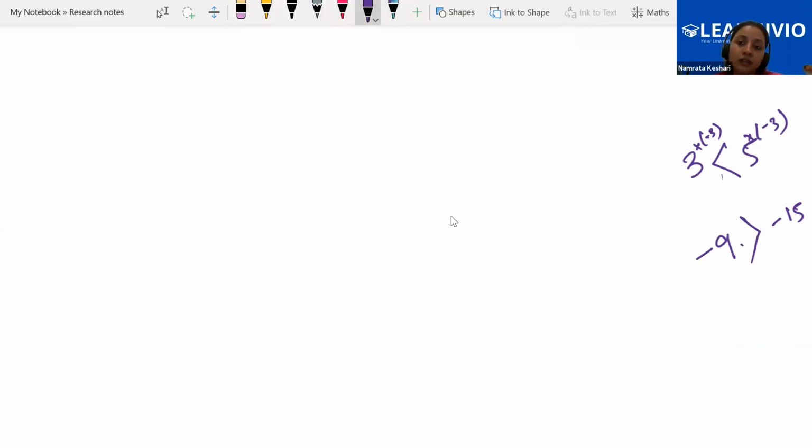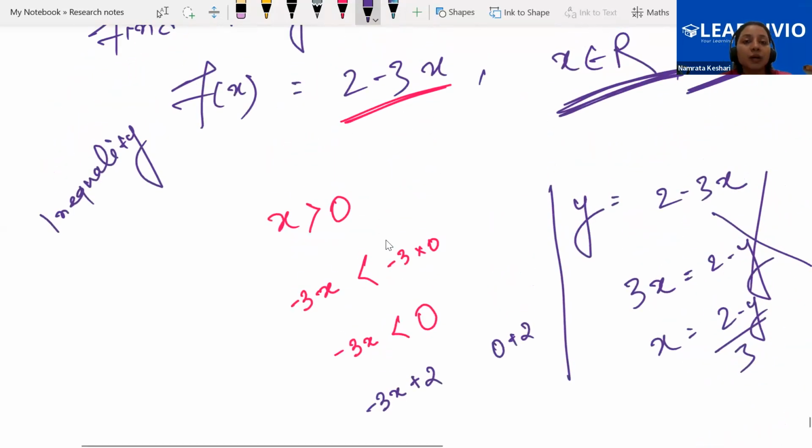Getting it? So when you multiply or divide by a negative number, carefully take a pause and reverse the inequality sign. When you are adding or subtracting a number, we don't have to make any changes in the inequality sign. It will remain as it is.